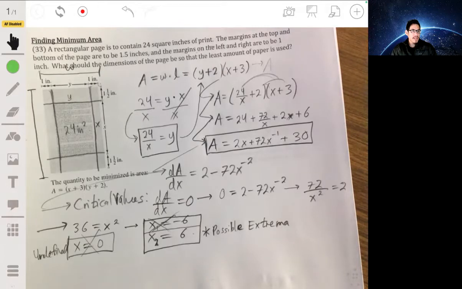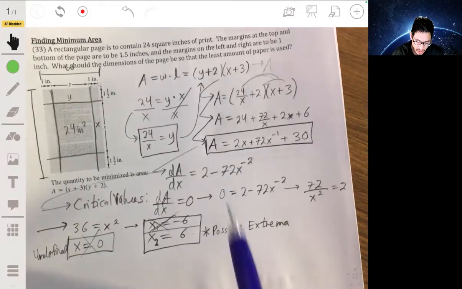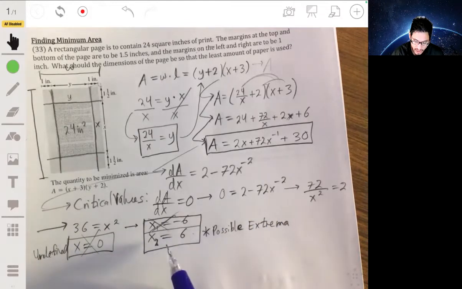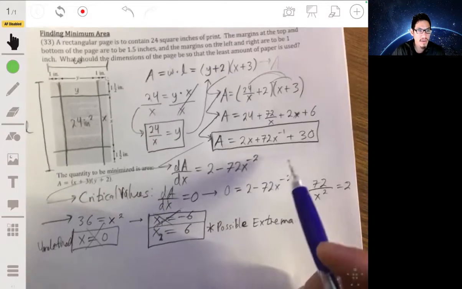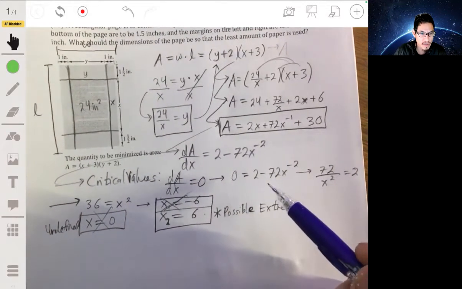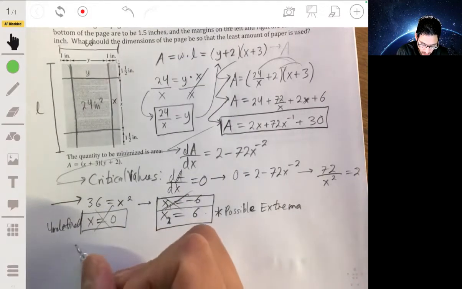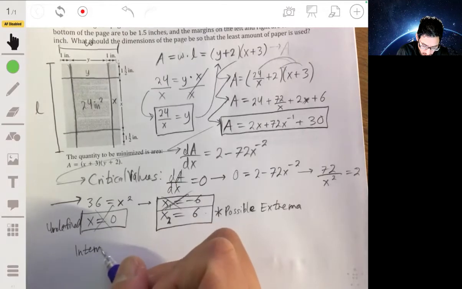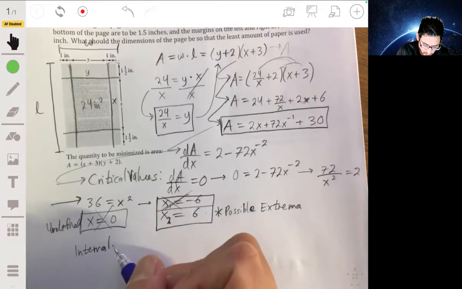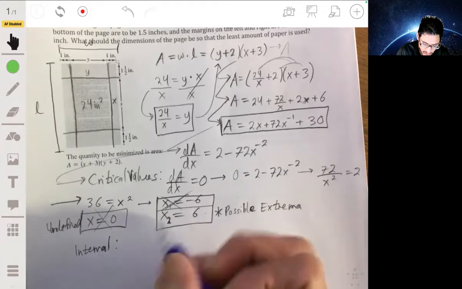But here's the thing. We want to make sure that this is going to give us a minimum. So we want to study what's going on with the area when the x value is below 6 and when it's above 6, just to be sure. What you can do is like we did in section 3 and section 4 of this chapter.